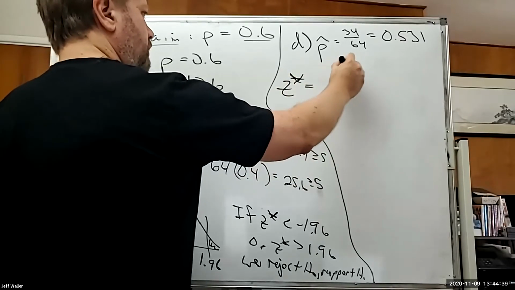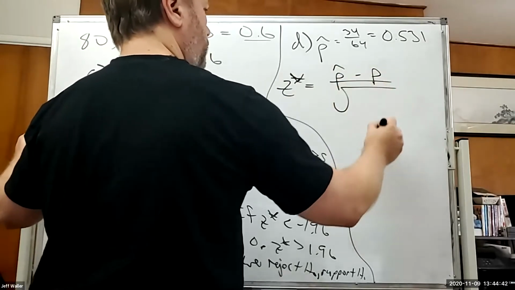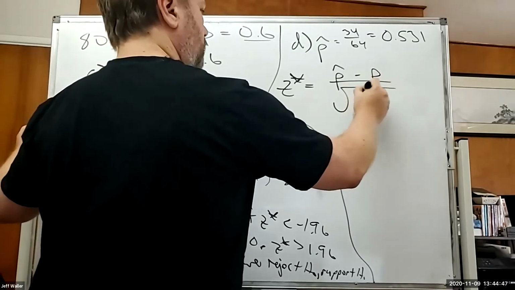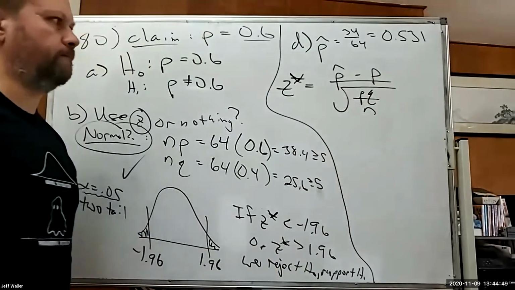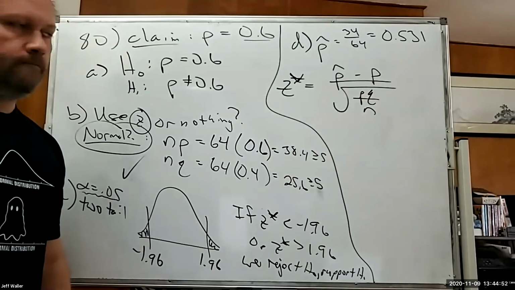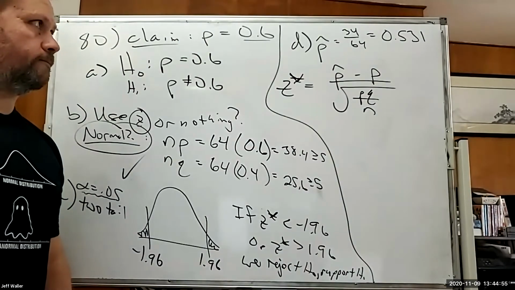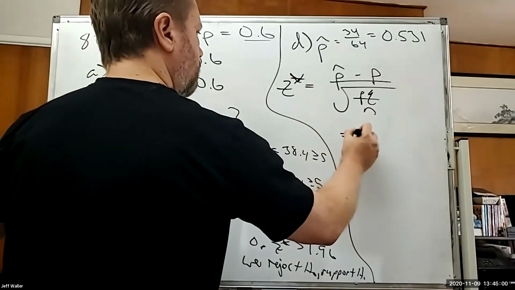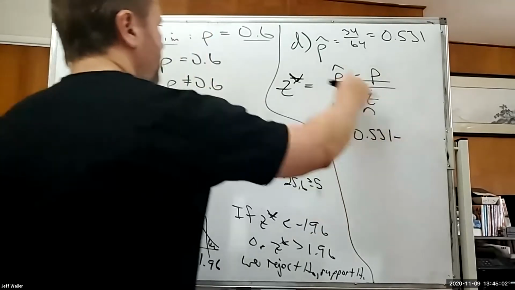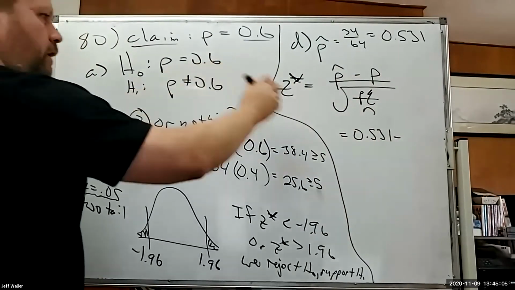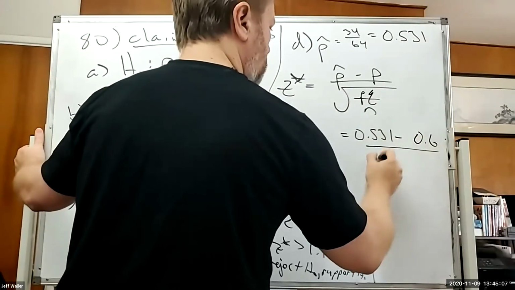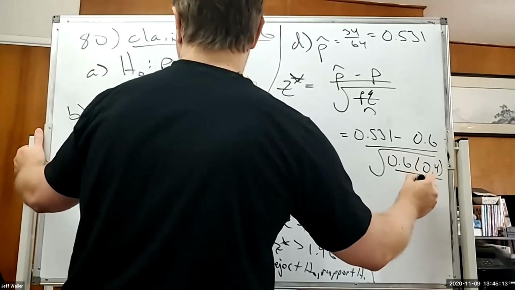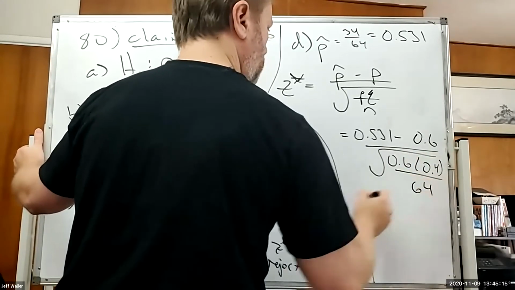So now we got this new formula here, right? This will be our data, 0.531, minus the supposed true percentage, divided by the square root of 0.6 times 0.4 over 64.